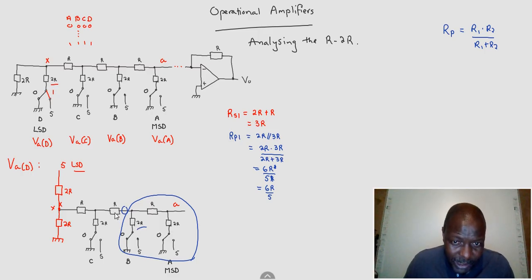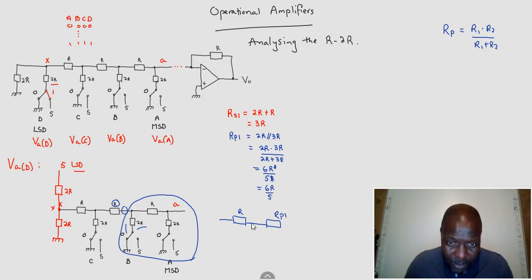What we need to do next is put this resistor, and these ones here become one resistor. What happened to this network? It became one resistor which we call R parallel 1. So this is this R, in series with that network that we just called R parallel 1.